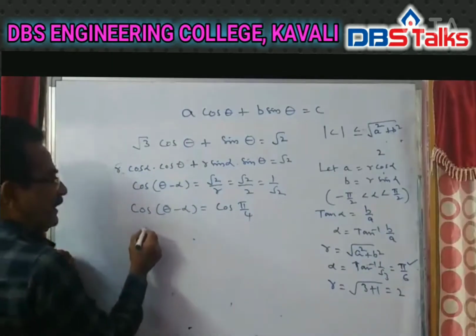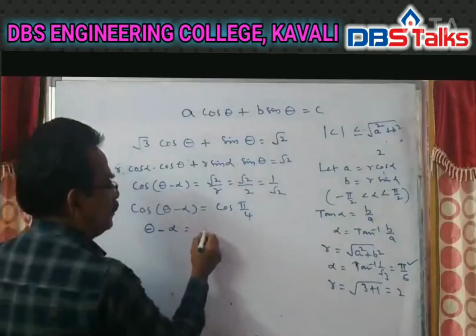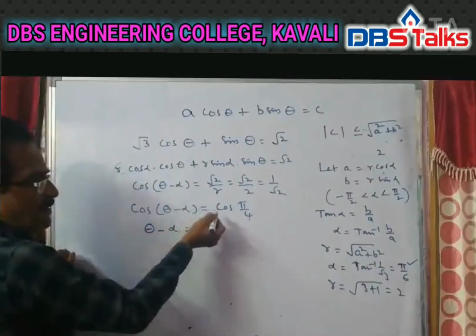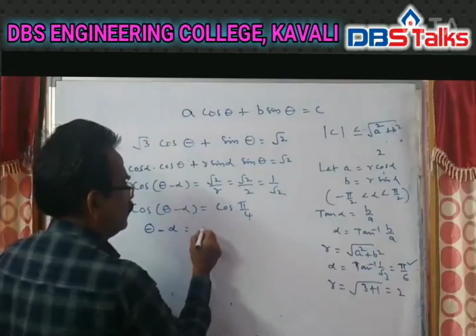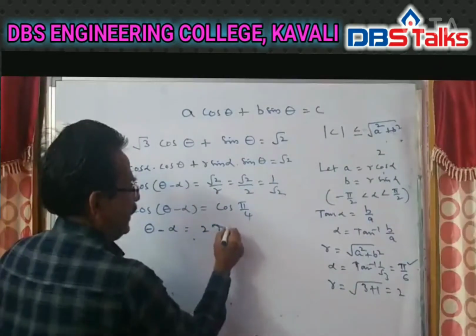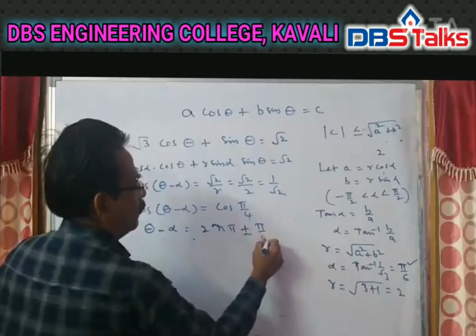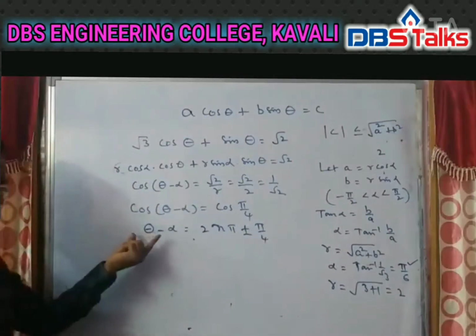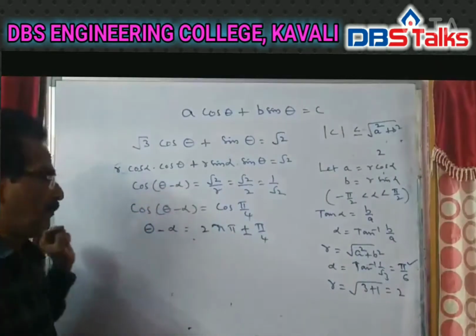So when cos of theta minus alpha is equal to cos pi by 4, then the solution is theta minus alpha equal to 2n pi plus or minus pi by 4.